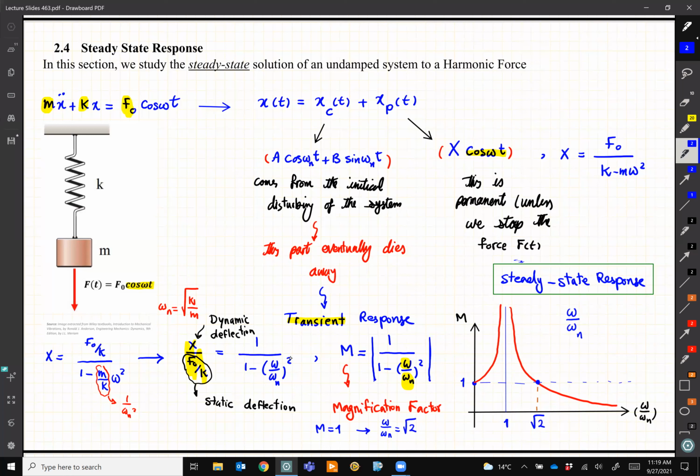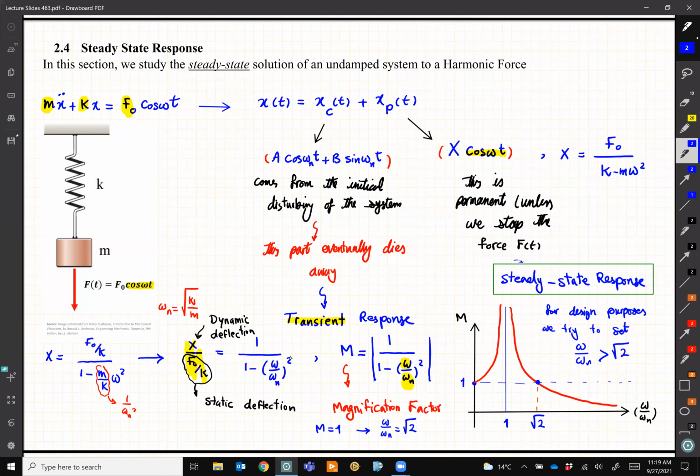So for design, then I will write down this omega over omega n. This should be bigger than a square root of 2. For design purpose, we try to set omega over omega n bigger than the square root of 2.